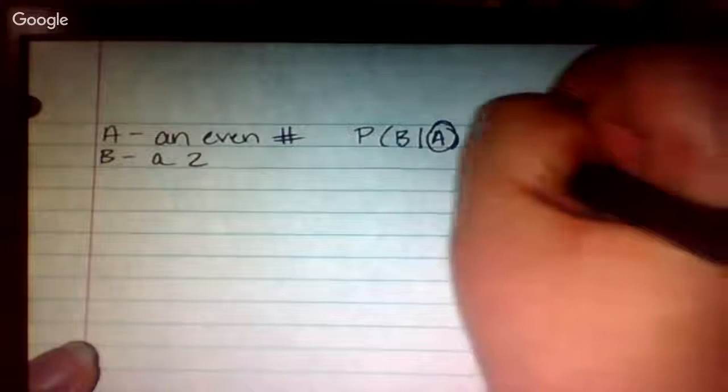So that's what you start with. The 3 goes in the bottom of your answer. We know we have an even number. Well, I've got 3 even numbers, 2, 4, and 6. Of those 3 even numbers, how many of them are a 2? 1. So your conditional probability would be 1/3.